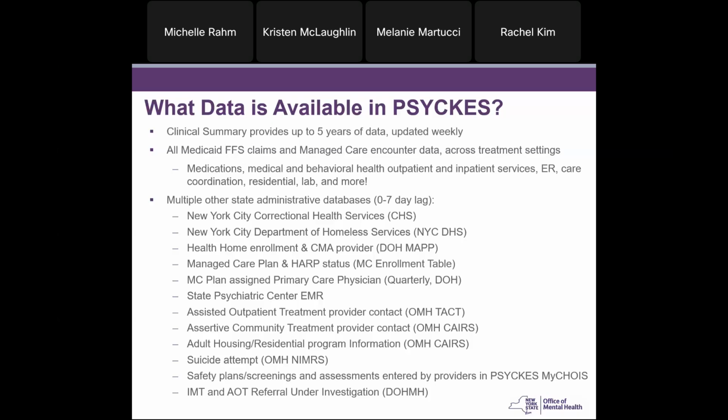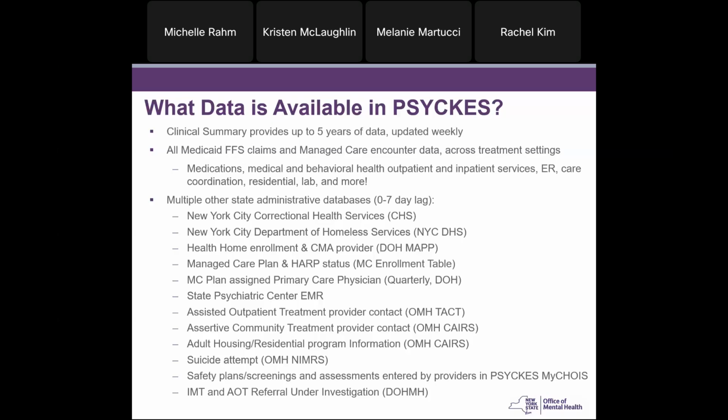Now, besides the Medicaid billing bucket, like I mentioned, we have other state administrative databases that feed into PSYCKES, and these are considered more real-time because the lag for this data is 0 to 7 days. So here we have a list of the different data sources that we have. I'll touch on a few of these.